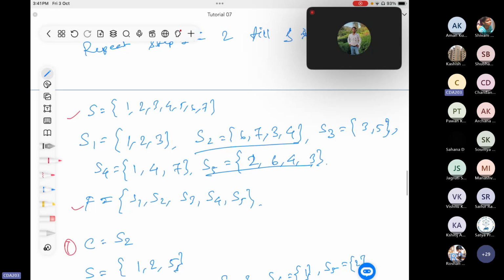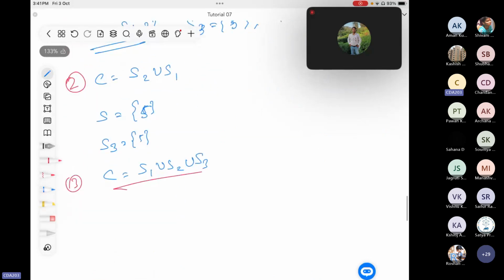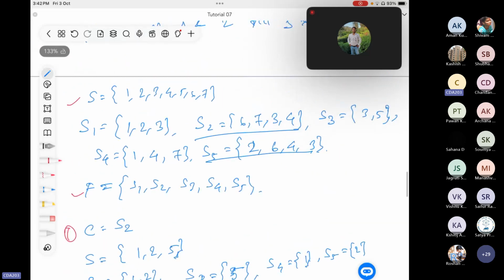I mean, what is the cover size now? It's a 3 size, right? S1 union S2 union S3. So since we are looking for the minimum cover, the question is, can we obtain a cover which is smaller than this one? You just observe this.